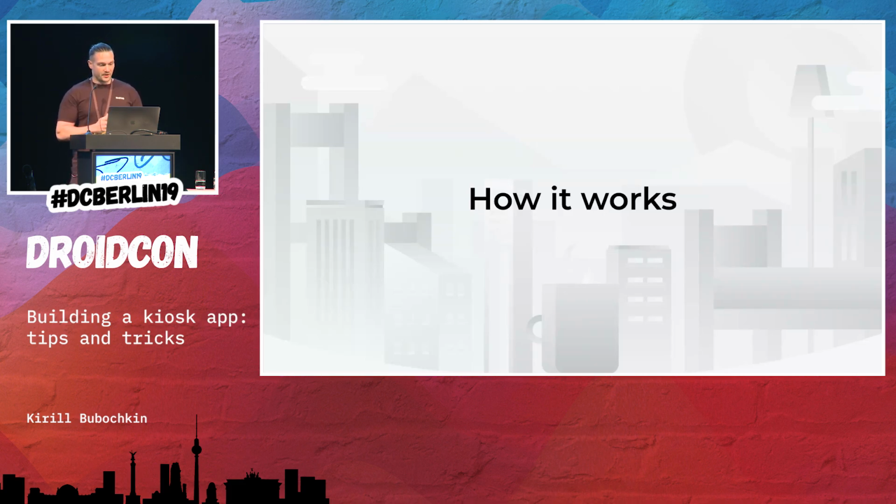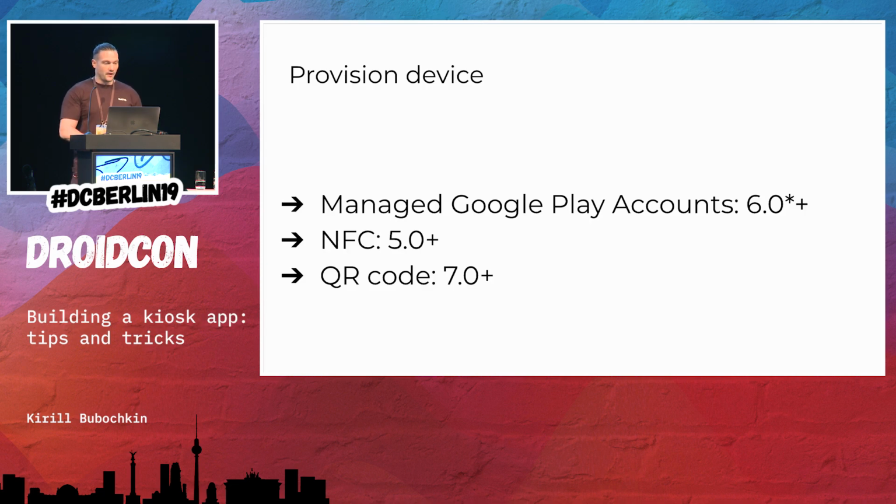And because of that, it can be installed either on a new or factory reset device using one of the special provisioning methods. These methods include managed Google Play accounts, NFC provisioning, or QR code provisioning. There are also some other methods, but they are not as nice.